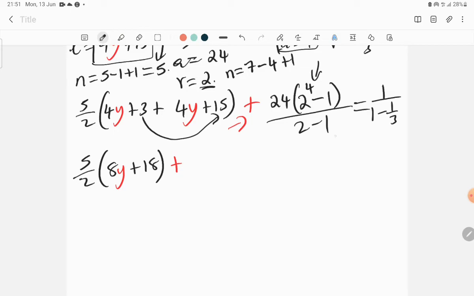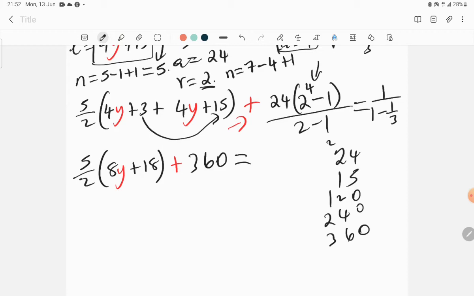So then 24 times 15, which gives us 360.